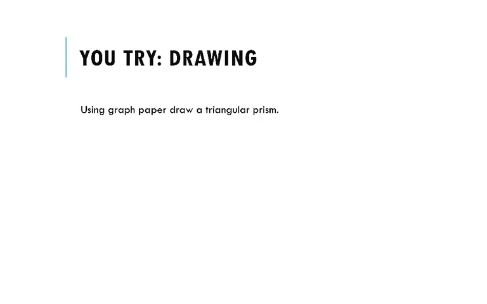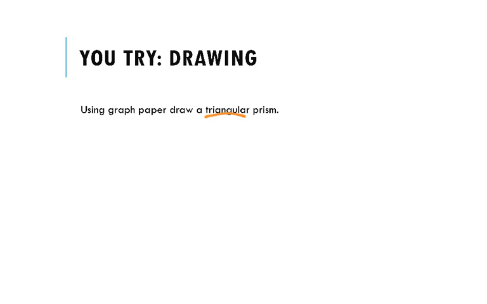Okay, so I want you guys to try drawing a triangular prism. So pause the video right now and try drawing a triangular prism. Remember, your figures are named based on the base. Okay, so remember, it's named based on the base.